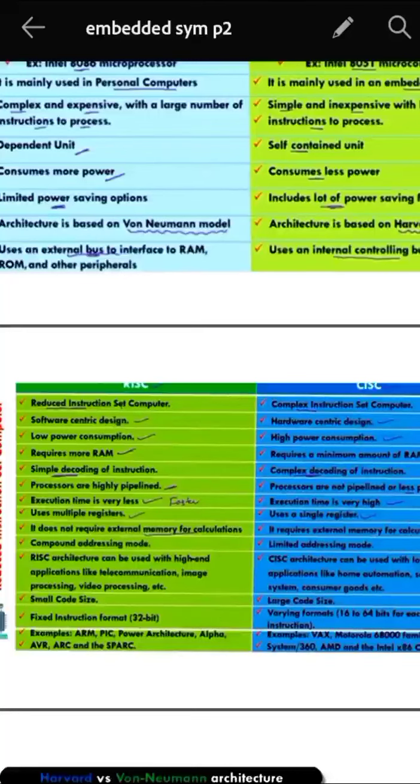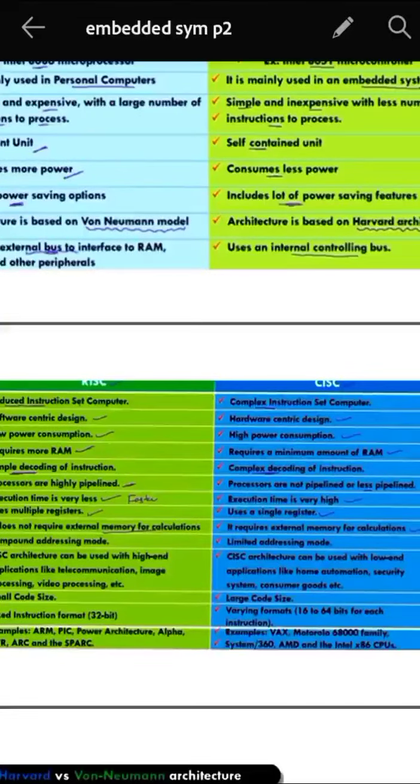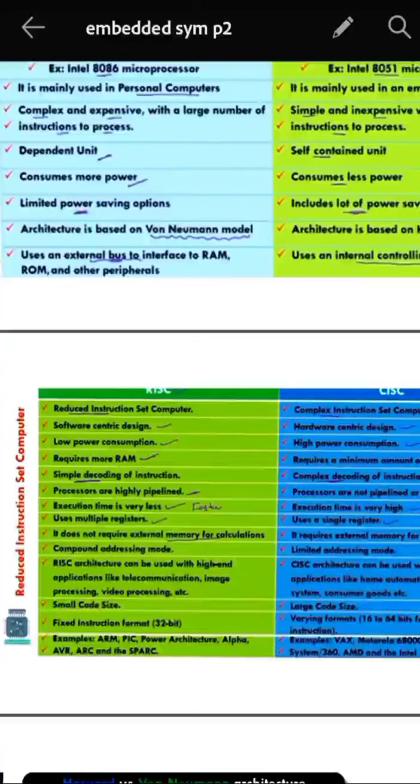High-end applications means telecommunication and image processing. Low-end applications are home automobiles, consumer goods, or security systems. RISC has a small code size, whereas CISC has a large code size.